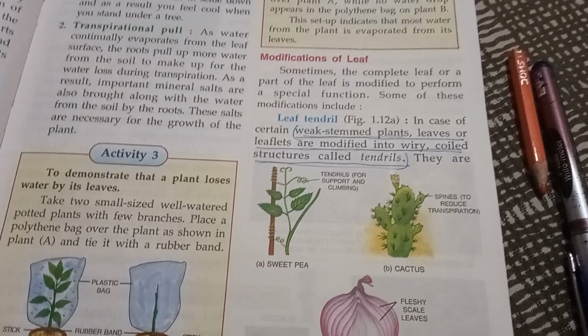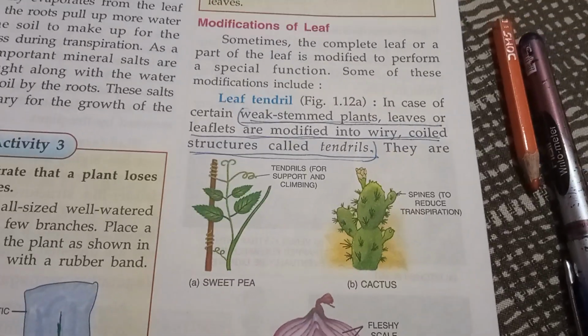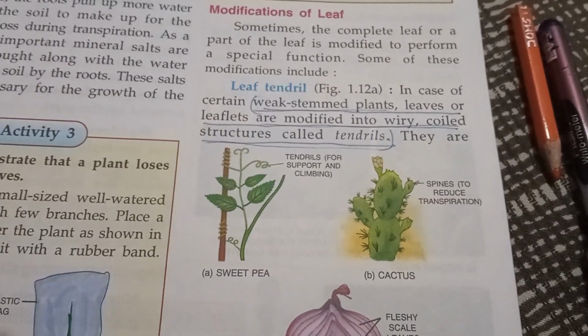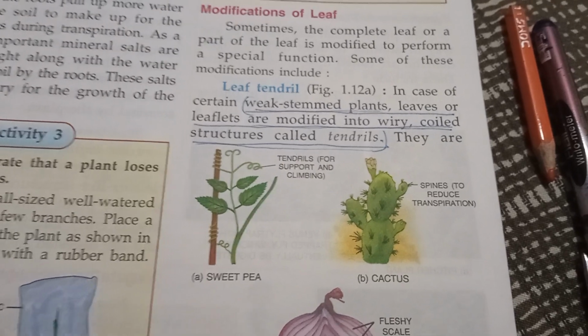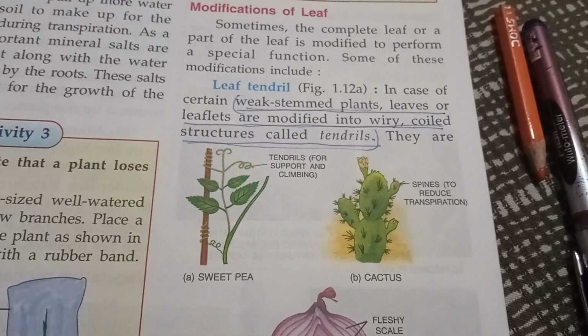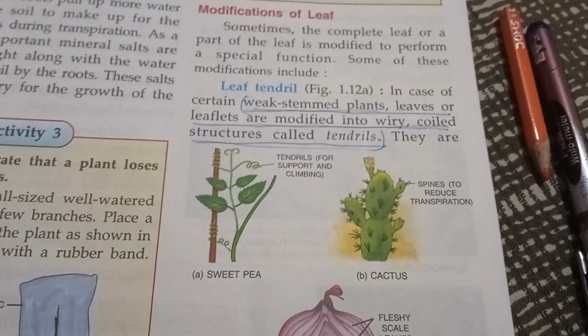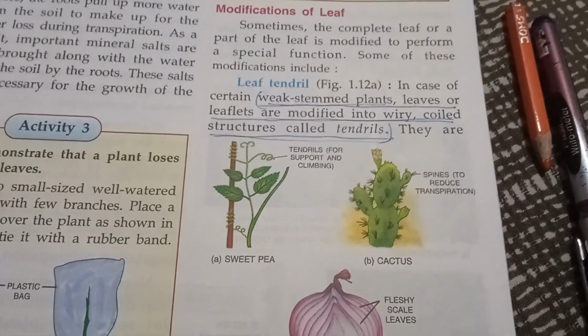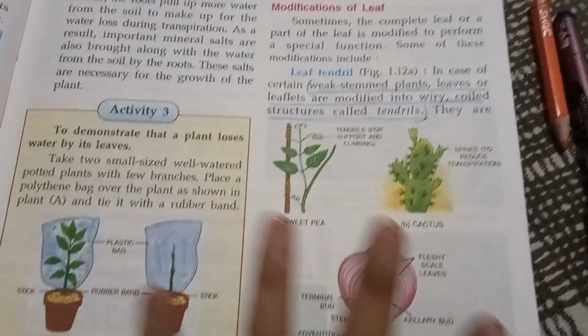The first one is leaf tendril. In case of certain weak stemmed plants, leaves or leaflets are modified into wiry coiled structures called tendrils. Now, weak stemmed: you know what a stem is, right?